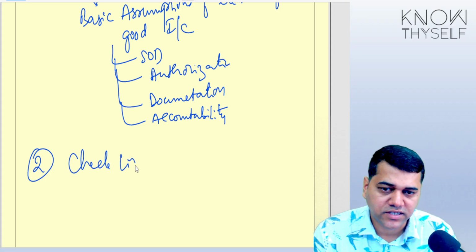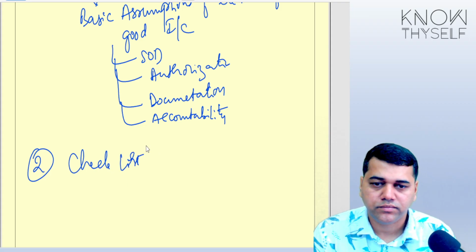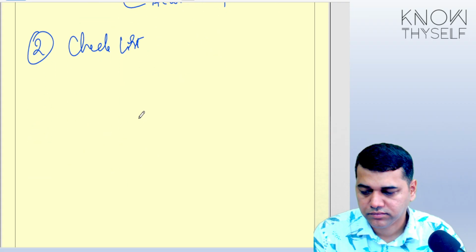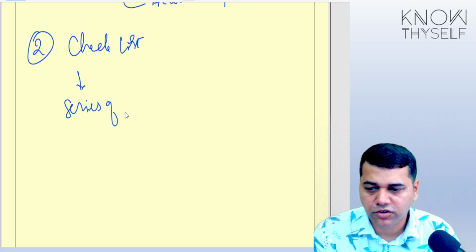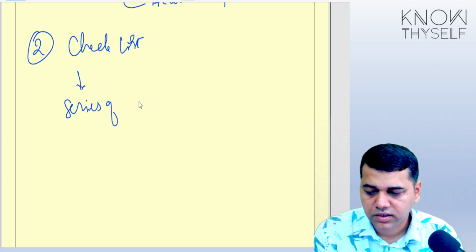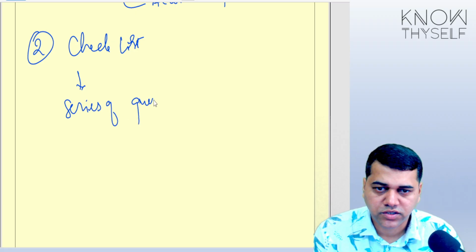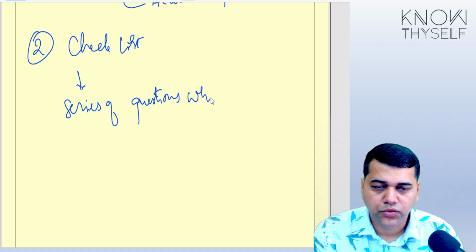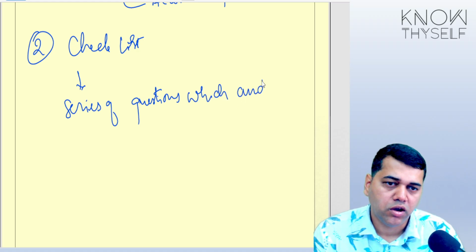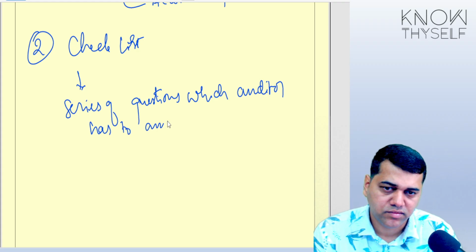Second is checklist. Series of questions which auditor has to answer.